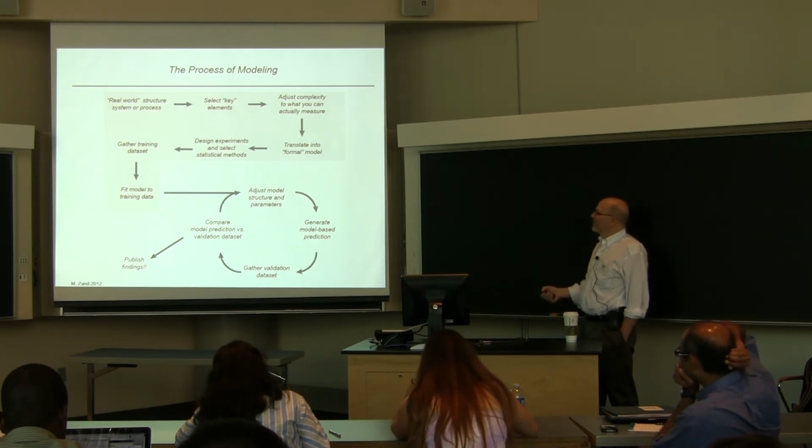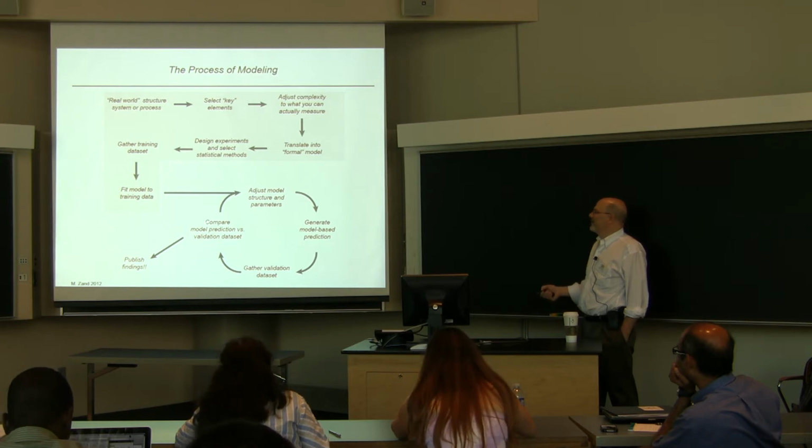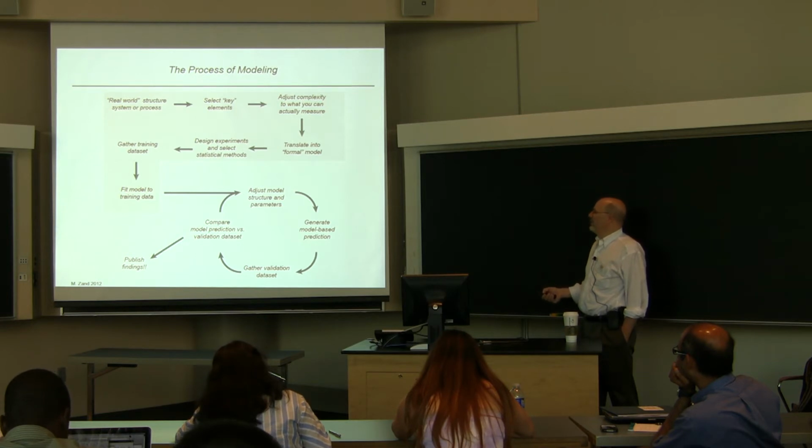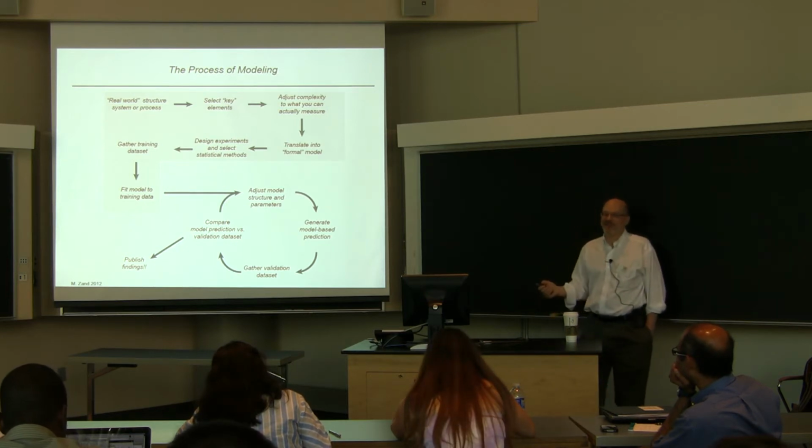And you do all this work with the training data set, and then you generate a model-based prediction. And then you do it all over again. You gather the validation data set, you compare the prediction to the validation data set, you know, hopefully it falls within some realm of what you were hoping to predict, and then you keep doing the whole thing, and eventually you have to exit that infinite loop and publish something.